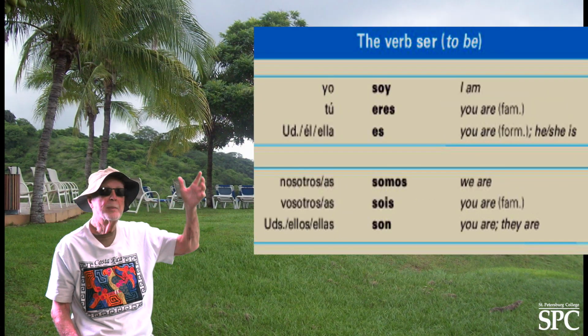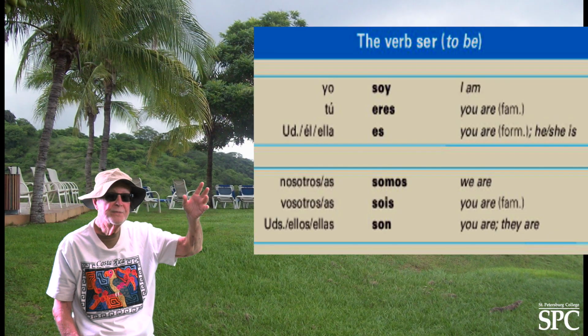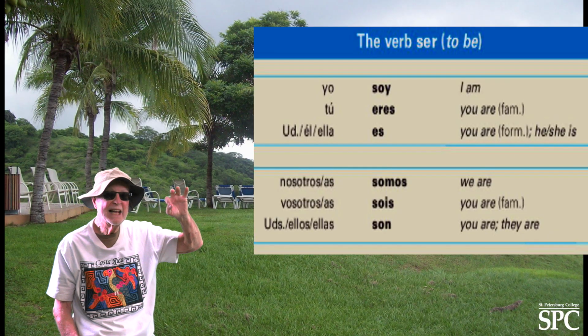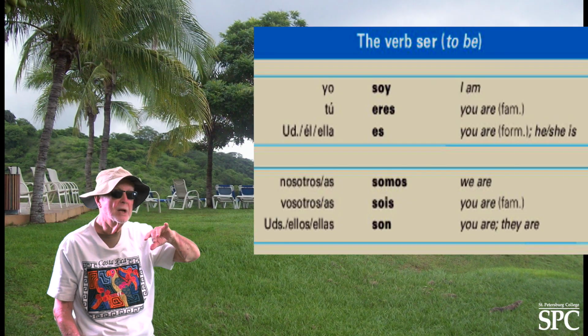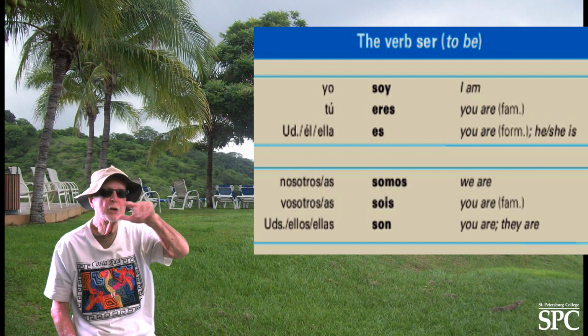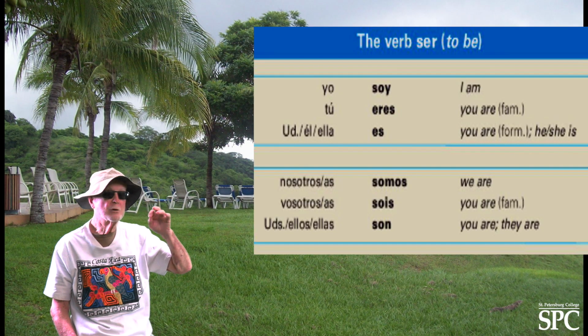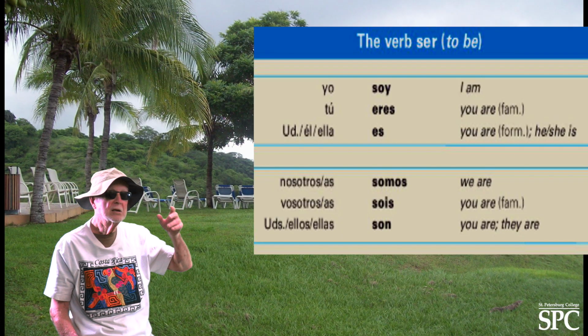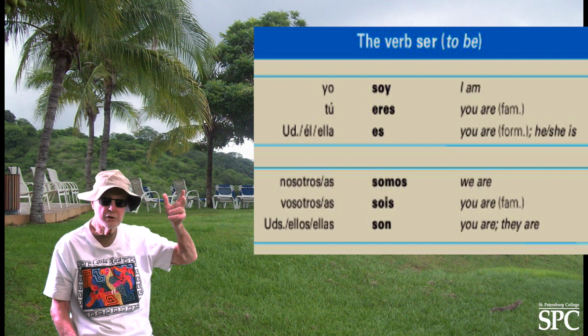We also coupled it with the verb ser. Soy, eres, es, somos, son. We skipped the sois, the vosotros form, because we don't use that in Mexico or Central or South America or Dominican Republic, or Cuba or Puerto Rico, okay?